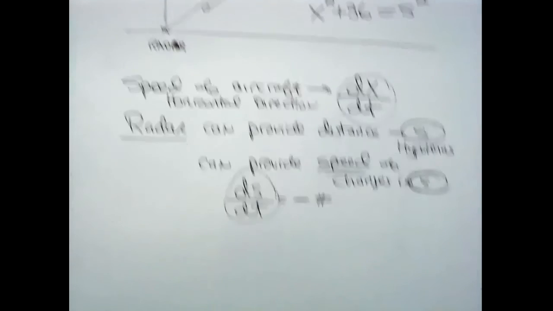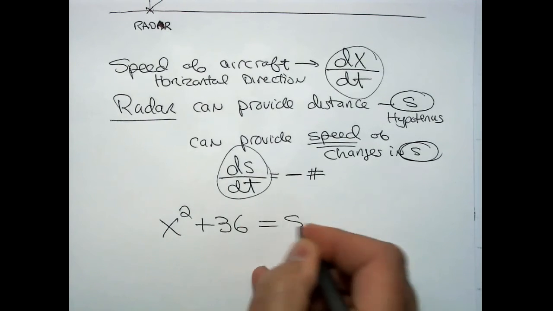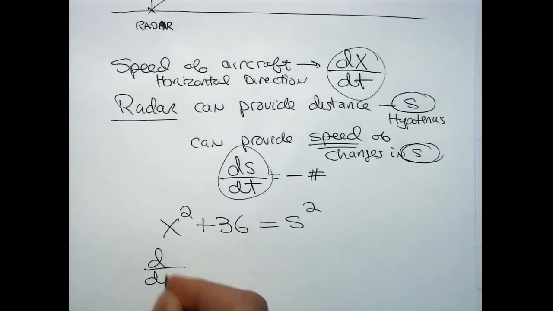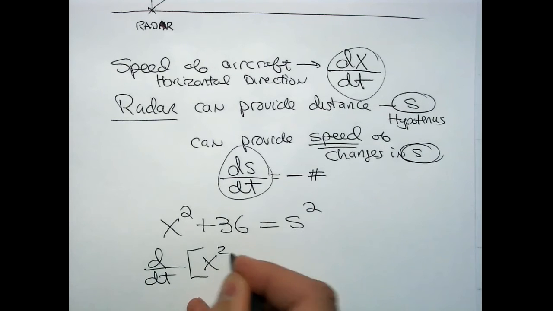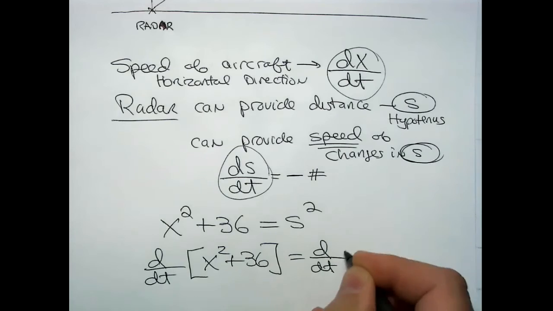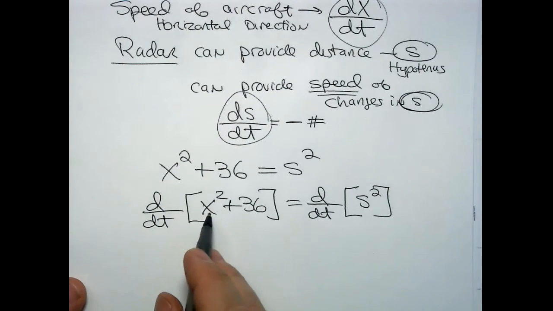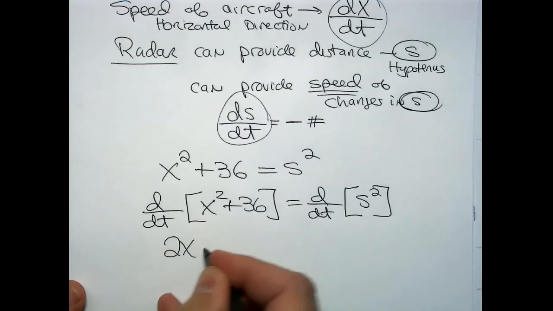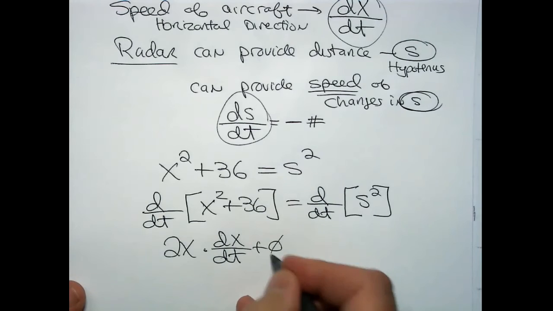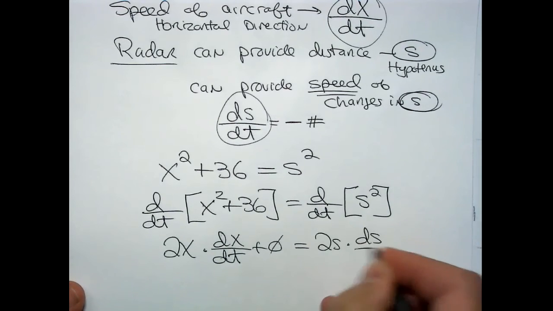How are they related? Well, the static equation, the photograph, is x squared plus 36 is s squared. Take d/dt of both sides, the right and the left. The variables will never match, so this will be 2x times dx/dt plus 0. This will be 2s times ds/dt.